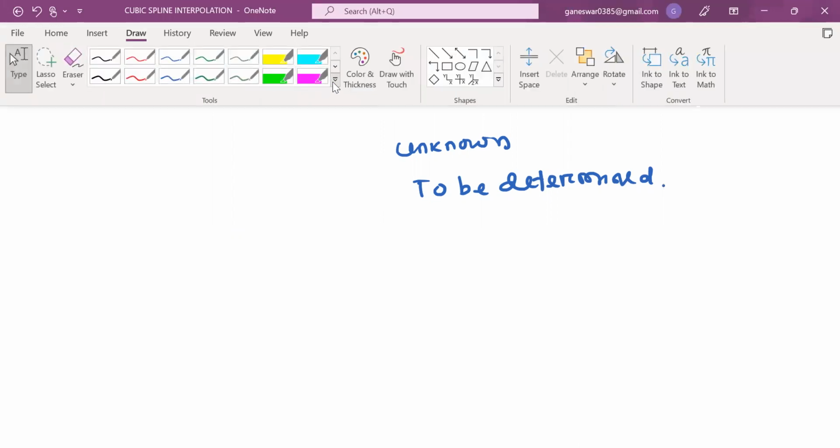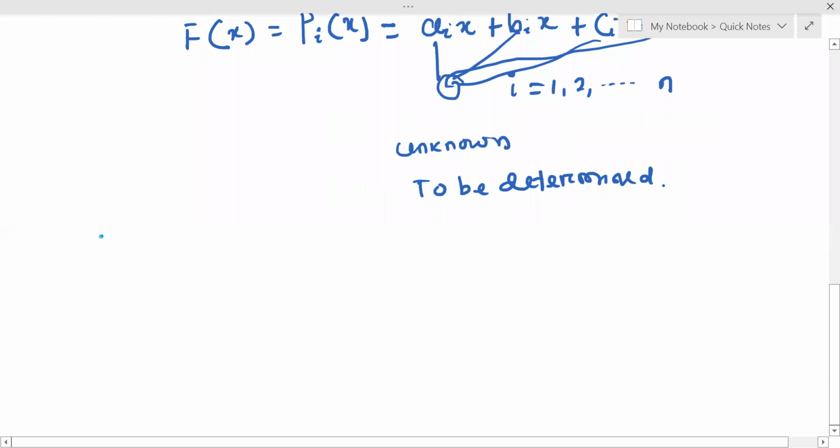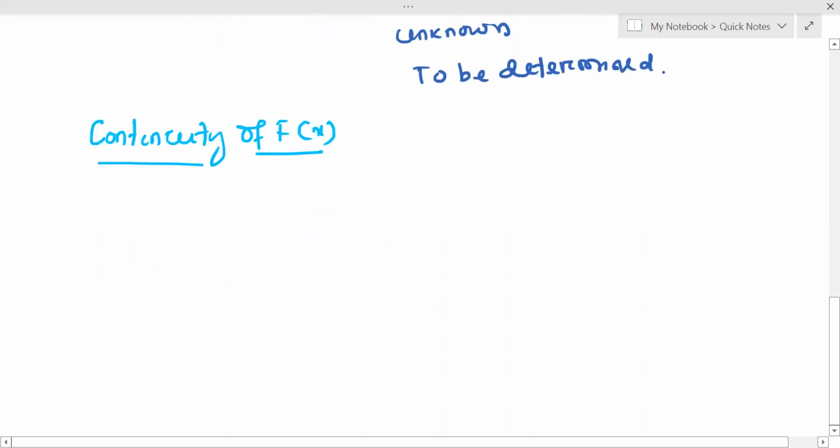So what are the continuity equations? Continuity equations of f of x. On the interval-wise, we can consider the continuity equation.